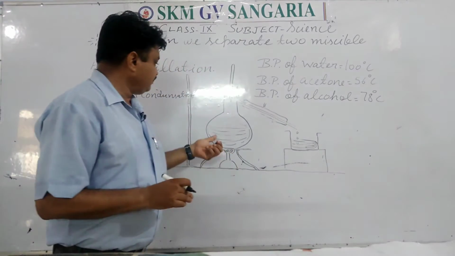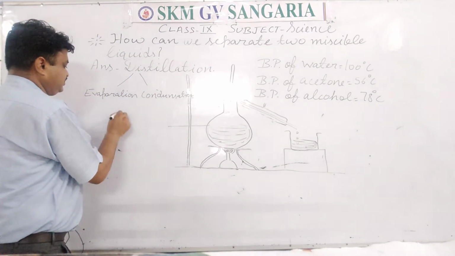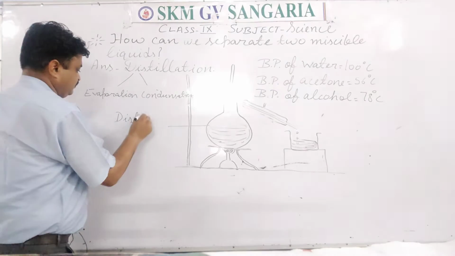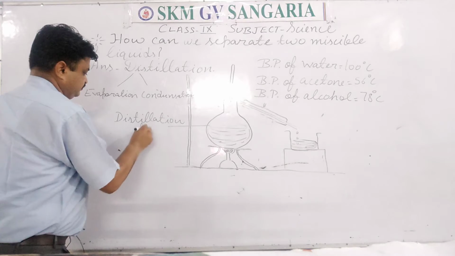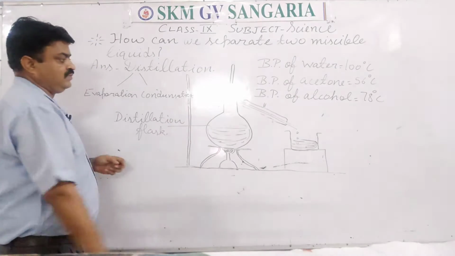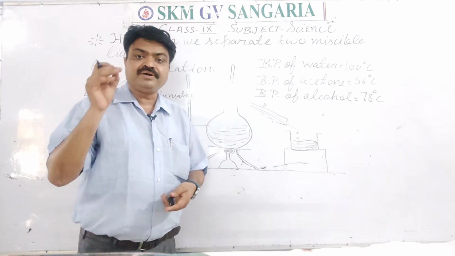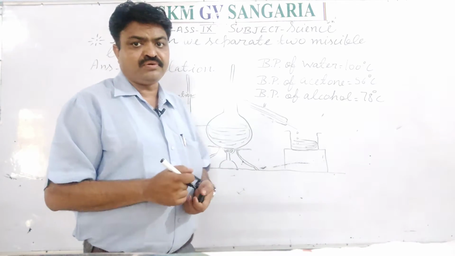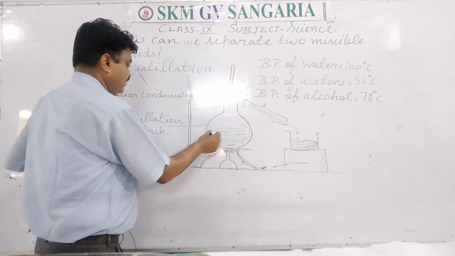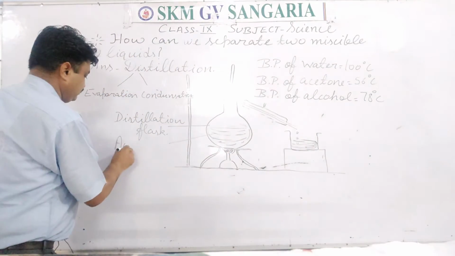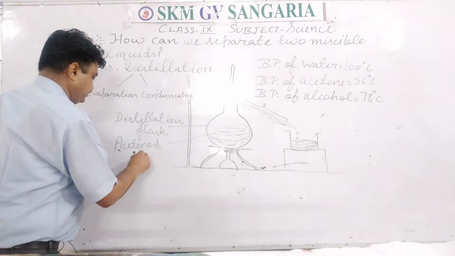In this, first one flask is used. That flask is known as the distillation flask, and it contains the two miscible liquids. Like in your book, the liquids given are acetone and water.